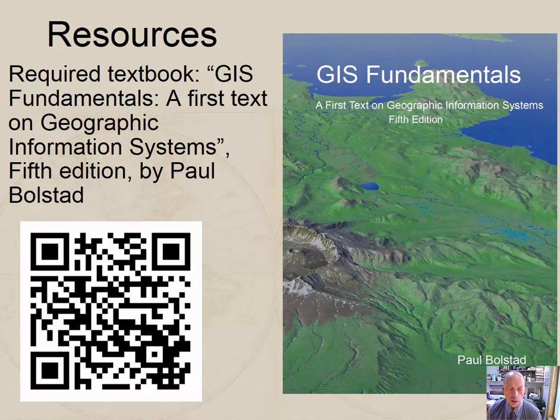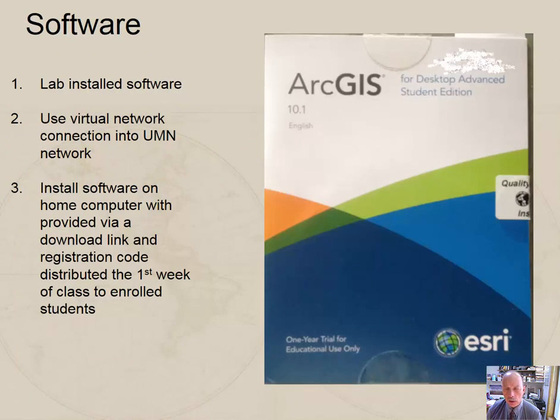This text is used by about 300 or 400 colleges and universities around the world, so it's a very good fundamental concepts textbook for GIS. And then we combine it with our lab material. The labs all use the software ArcGIS, which is the main software used for business, industry, and governments around the world. This is the software you'll need for your research.